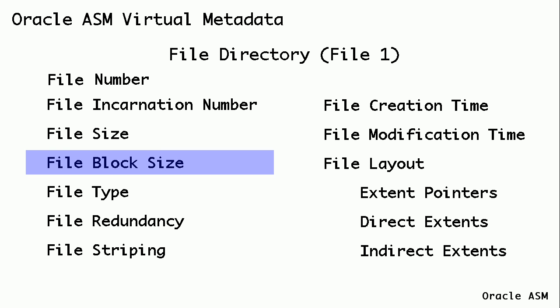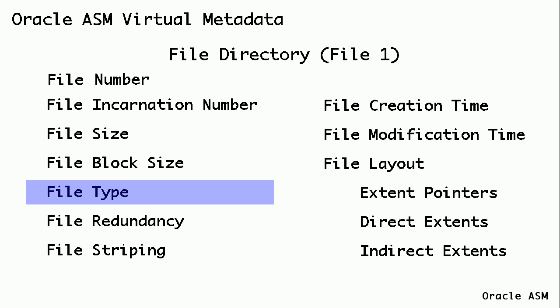File block size is defined by the database while creating the file. This is not the same as the ASM allocation unit size or the ASM metadata block size. File type is also defined by the database while creating the file. Also, Oracle ASM can identify the file type by looking at the file header.